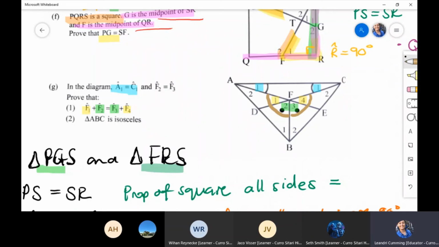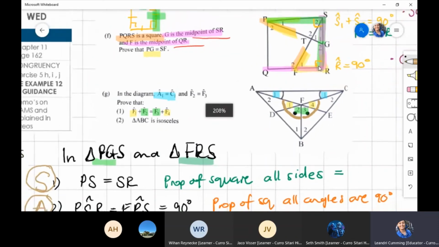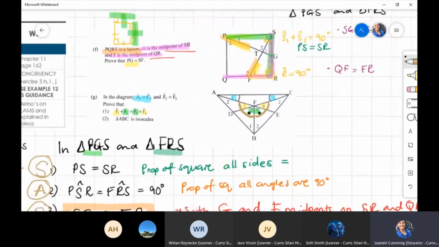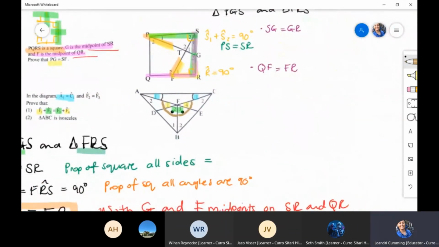Which means I'm going to have to look at this angle as a whole and look at F3 plus F4 as a whole. So where do we start? If we know that we've already got A1 equal to C1, I'm going to always encourage that you use your theory that's been given in the order that it's been given, because it will help you prove what you need to prove.